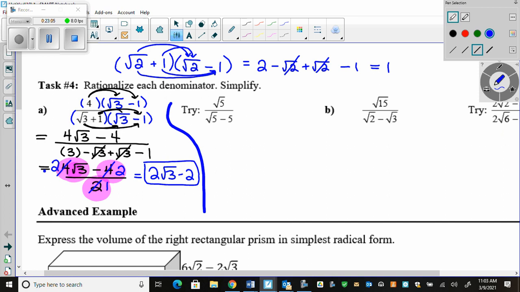Once you get them to match, try the next one.